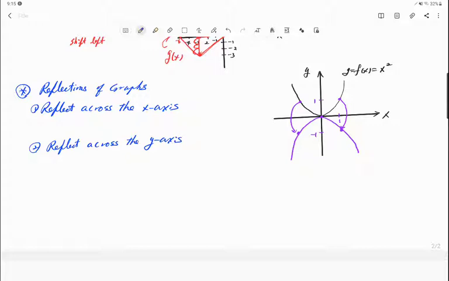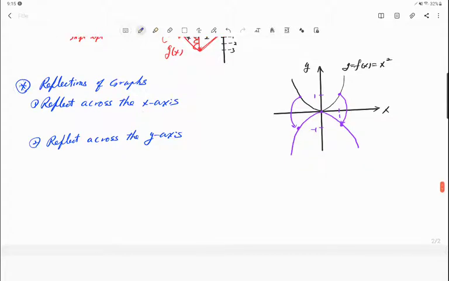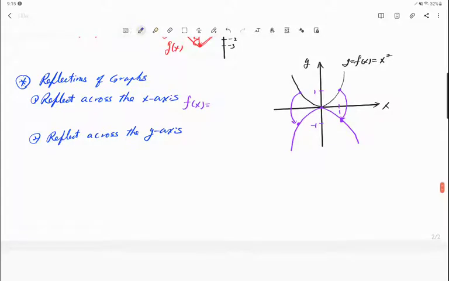For each x value, the y value changes the sign. So if the y value is positive, then positive becomes negative because it has to go down, right? So this one is a really simple function. For the same x value, the y value will become what? Negative.